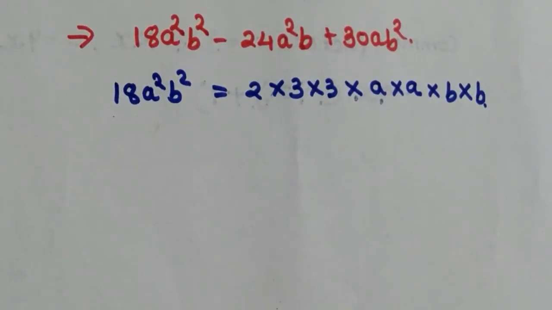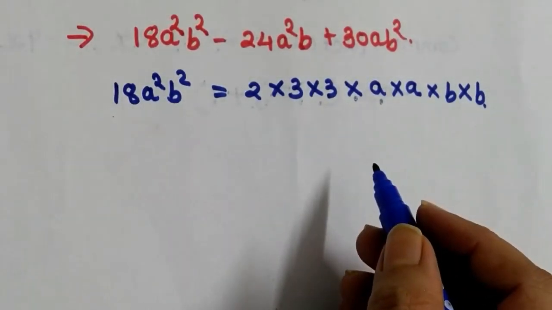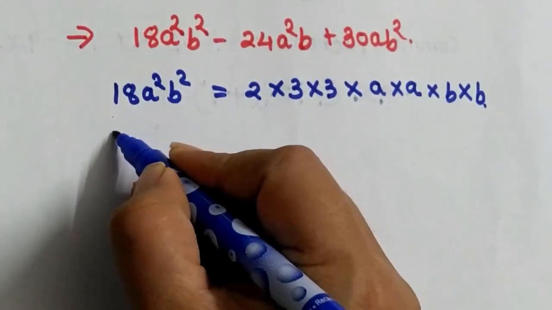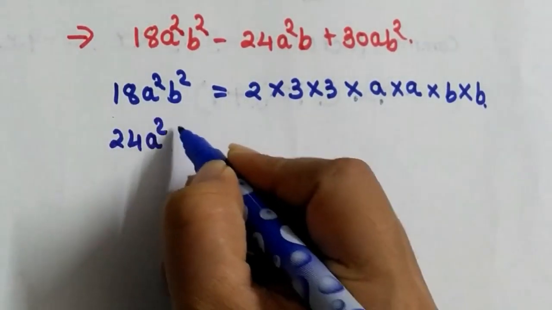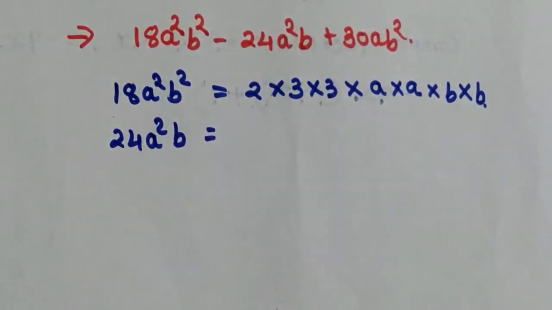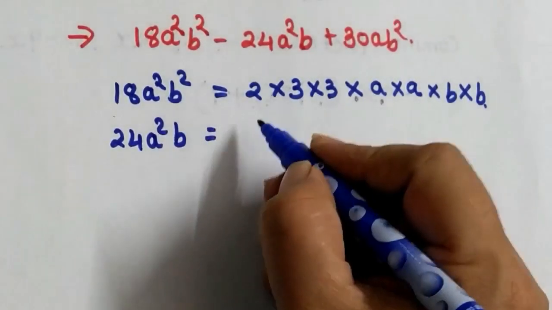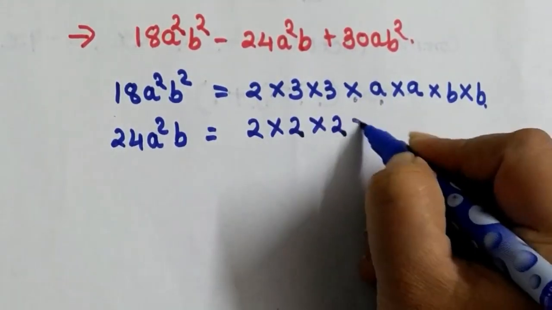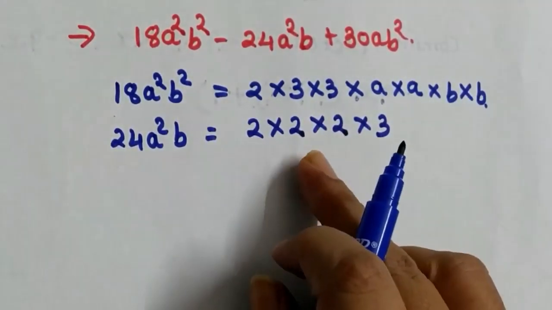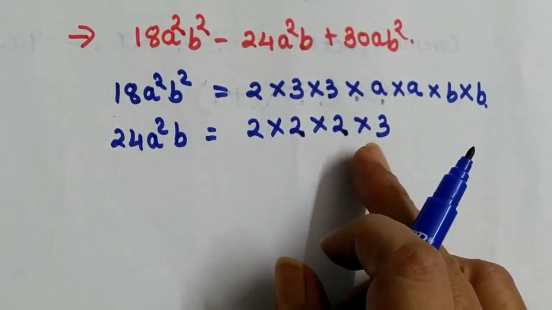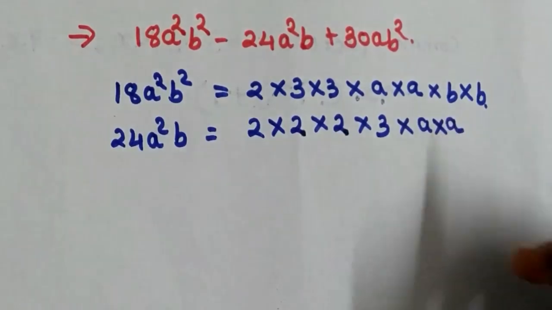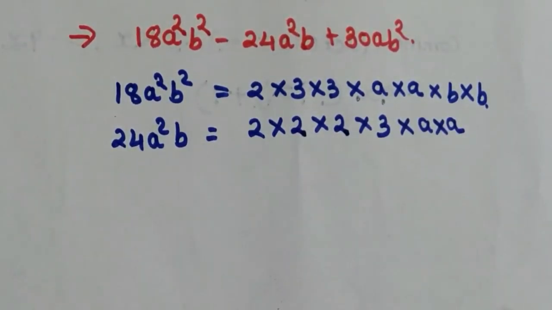Now we'll write the prime factors of 24a square b. So prime factors of 24 are 2 multiplied by 2 multiplied by 2 multiplied by 3. 2 2s are 4, 2 4s are 8, 8 3s are 24. And here we'll write the factors of a square, that is a multiplied by a, and here we'll write the b.